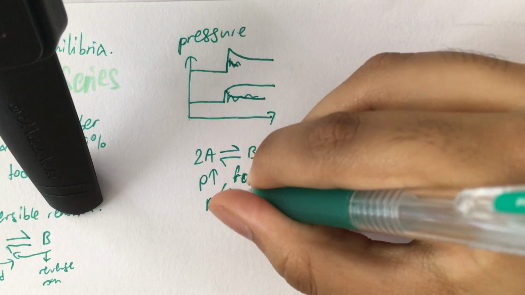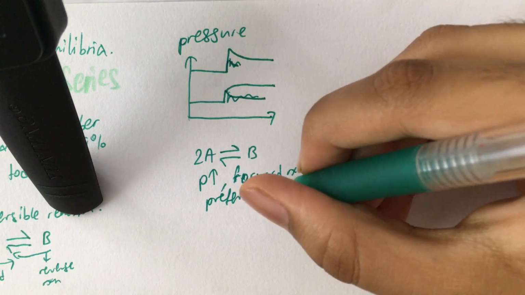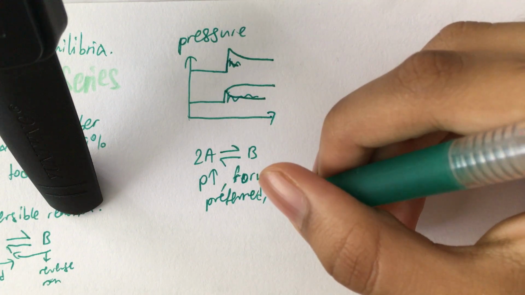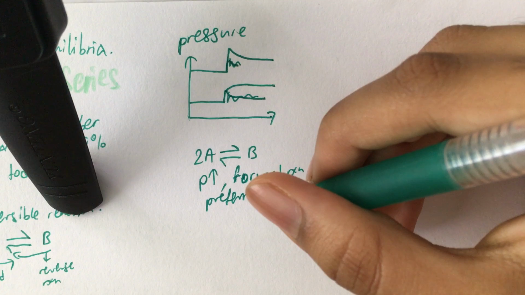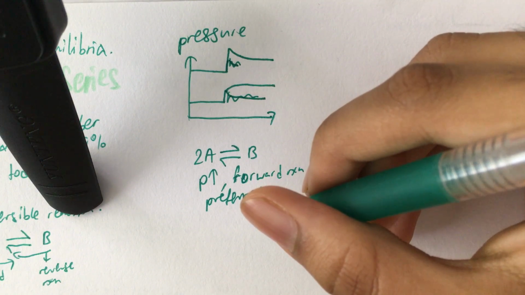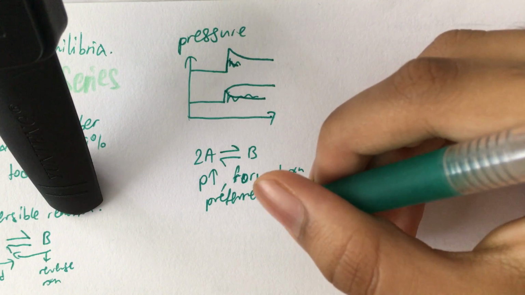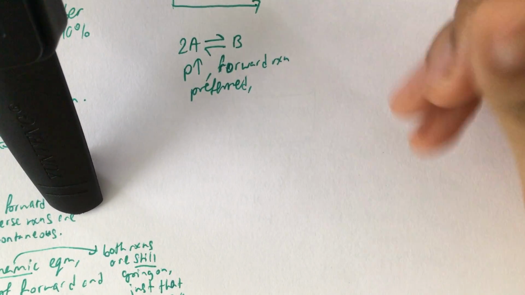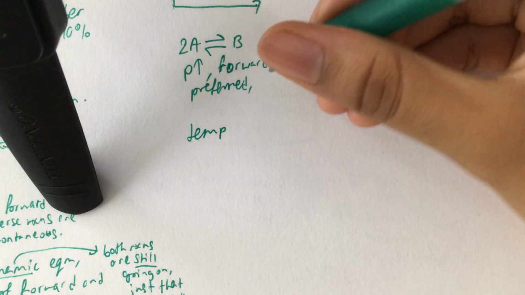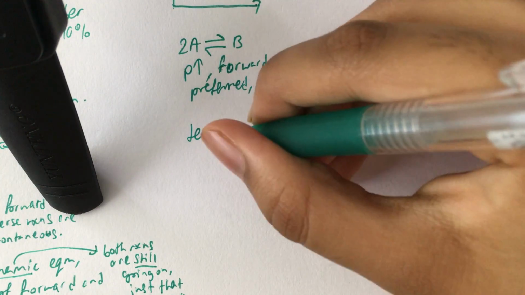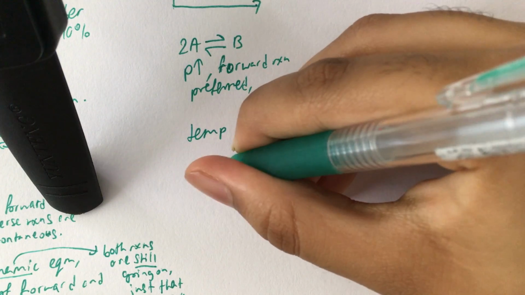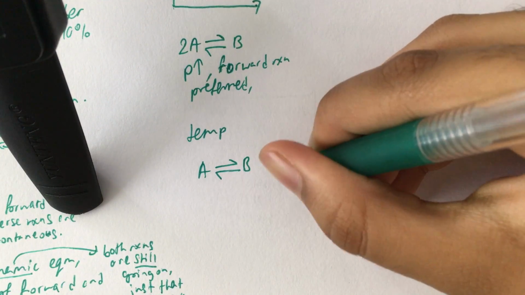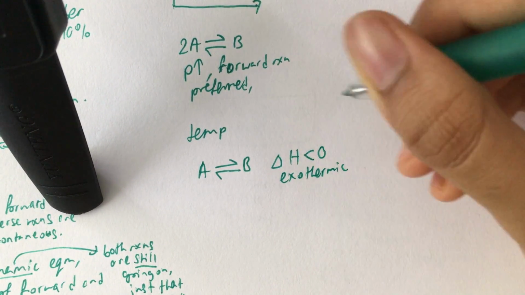and therefore the position of equilibrium will shift towards the right. And likewise for temperature, it depends on a different thing this time, not really the number of molecules on either side of the equation, but more on the delta H, which we have heard about before. In this scenario, the delta H of the forward reaction or the reverse reaction will determine which reaction goes faster based on the temperature change. So let's say for our example, A becoming B is the forward reaction, and let's say that A becoming B is exothermic, aka it releases heat.